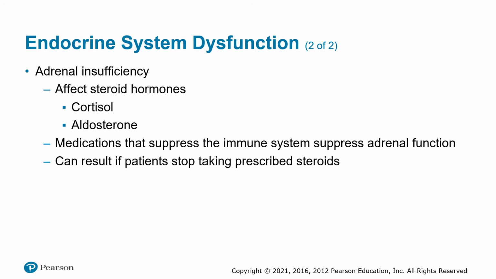Medications that suppress the immune system suppress adrenal function. This can result if the patient stops taking prescribed steroids. That's why when a patient is put on steroids, they are tapered off of those steroids, so there's not just a sudden stop to the adrenal system.